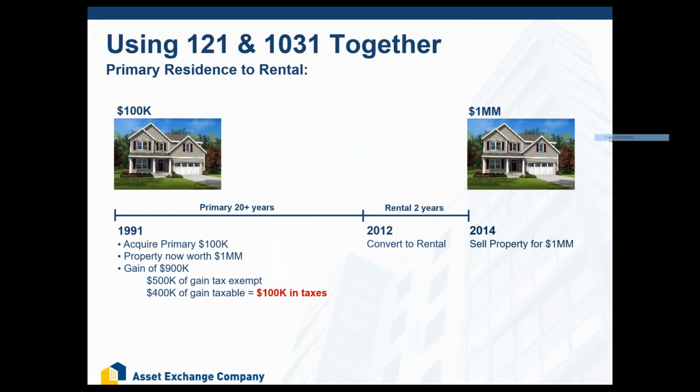This little nuance to the tax law has saved my clients hundreds of thousands of dollars. So, convert the primary into a rental and take both the homeowner's exemption and the 1031. That is an advanced strategy that, again, saves clients hundreds of thousands of dollars in taxes.